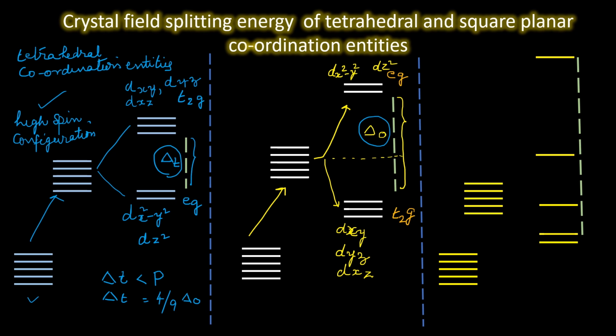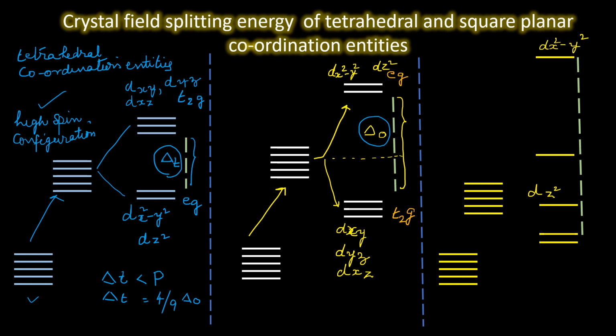The two eg orbitals, dx square minus y square and dz square, which are degenerate in the case of octahedral complexes, are no longer degenerate in the case of square planar complexes. Dx square minus y square has the greatest energy in this case. Dz square orbital has less energy than the average energy. It has a minus value.